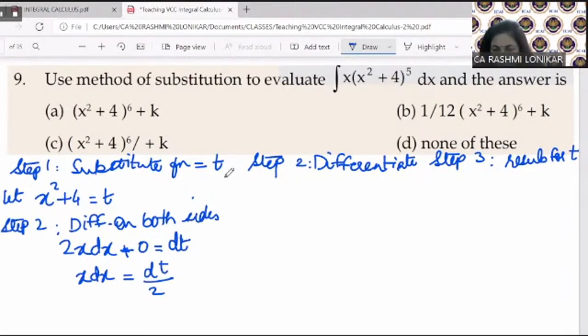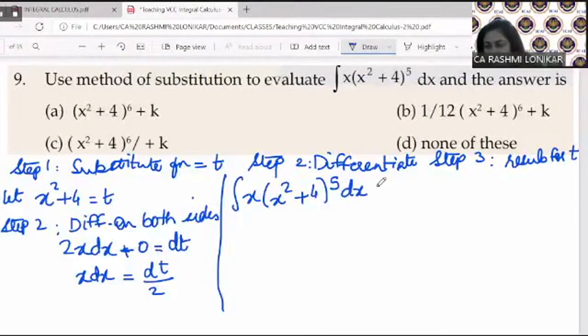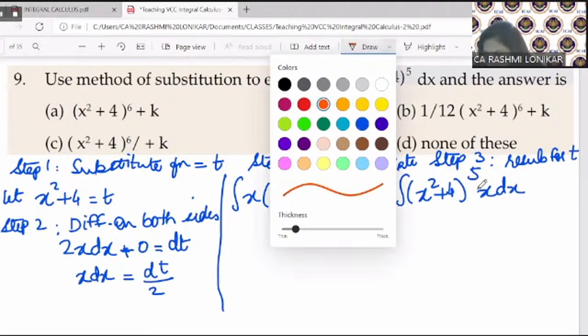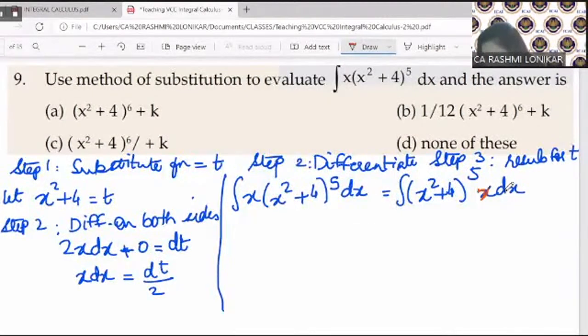Now, what will my equation become? It is the integral of (x square plus 4) raised to 5 dx. I will rewrite this as the integral of (x square plus 4) raised to 5 times x dx. This x over here, I just wrote it next to dx.